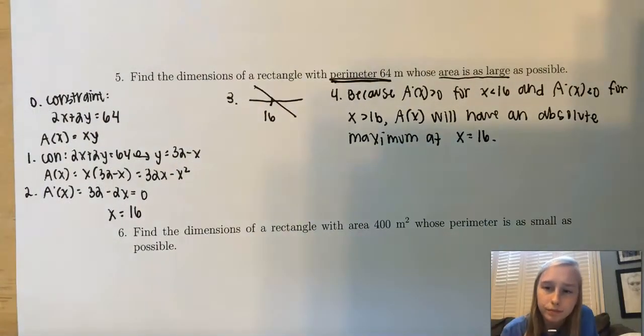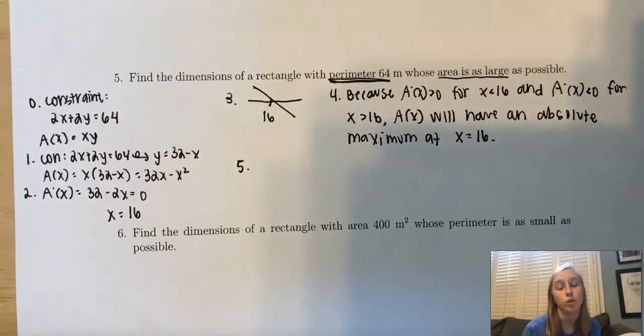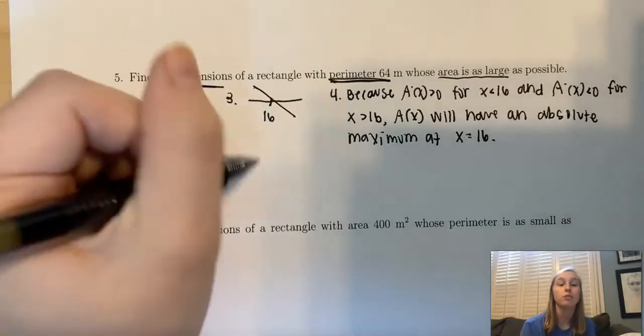As you can see, A prime of x is greater than 0 for x less than 16, and A prime of x is less than 0 for x greater than 16. I'm literally just writing out what the sign chart says. And number 5, you actually have to answer the question, which in this case is the dimensions of this rectangle.